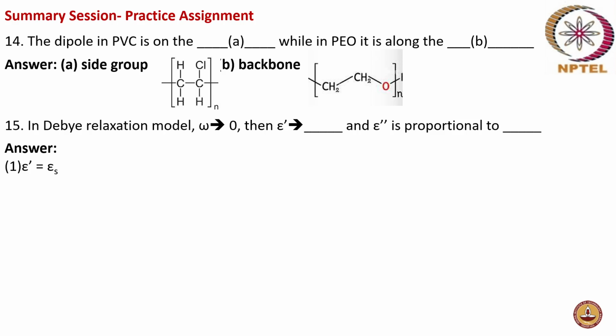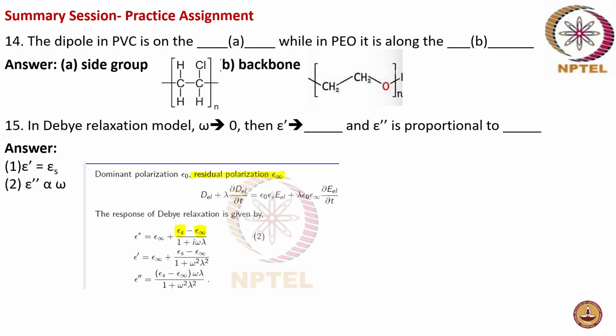Your E prime is equal to your dominant polarization epsilon s, and your E double prime is proportional to omega. This is your Debye relaxation model. As you substitute omega equal to 0, this term goes to 0, so you will have E infinity plus Es minus E infinity, which is epsilon s.